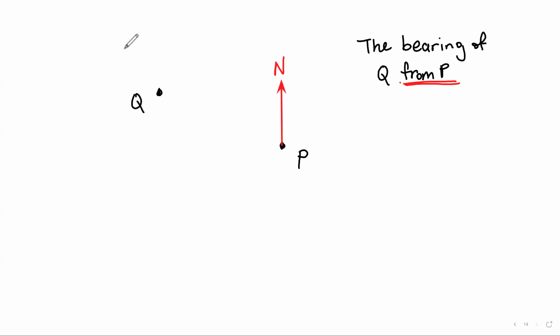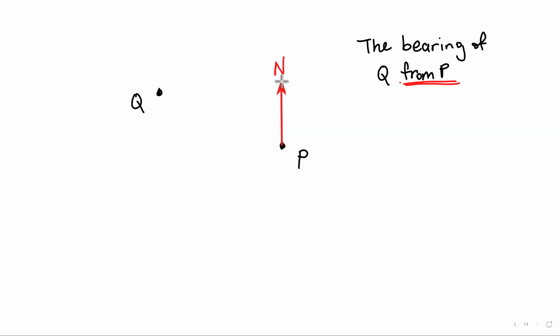All right. Now the bearing is going to be the clockwise angle from the north line at P to Q. So you see the direction, right? Clockwise. Anti-clockwise would be this way, so it'd be that tiny angle there.